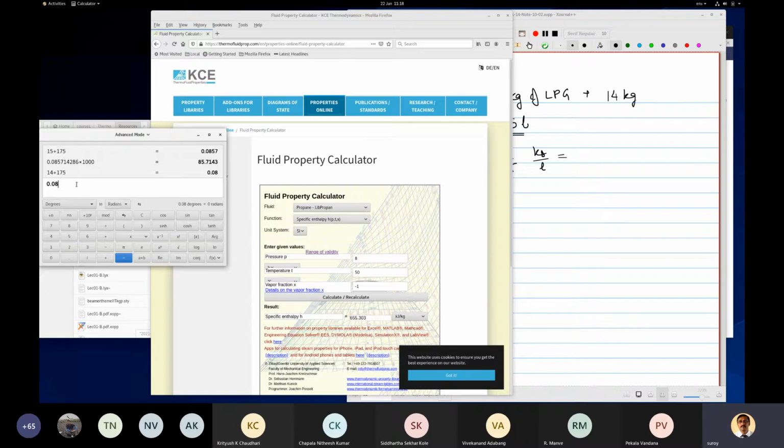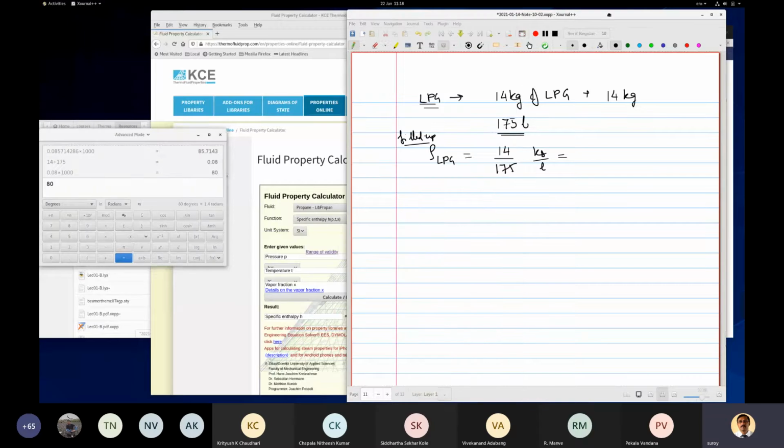So if you multiply by 1000, it will give me kgs per meter cube. So it's 80 kg per meter cube.